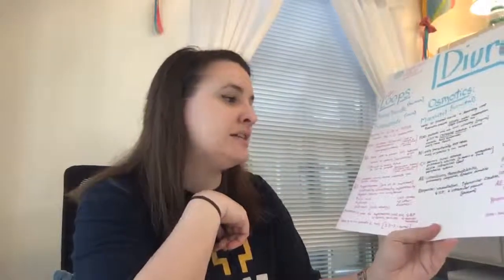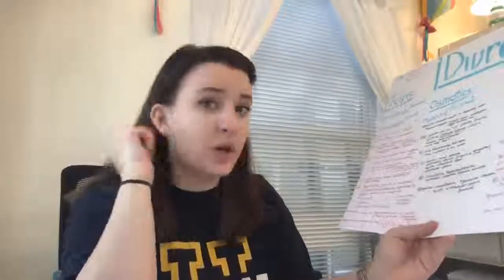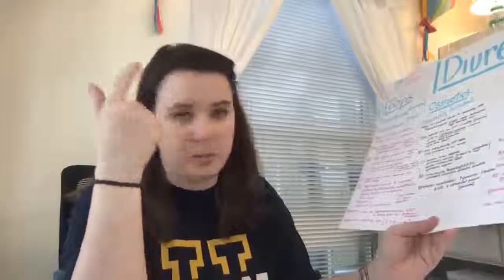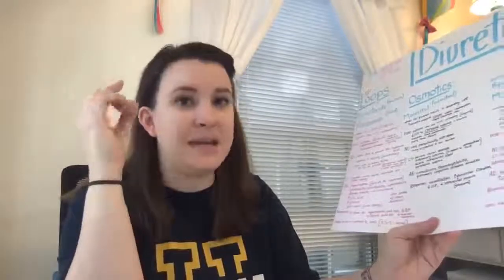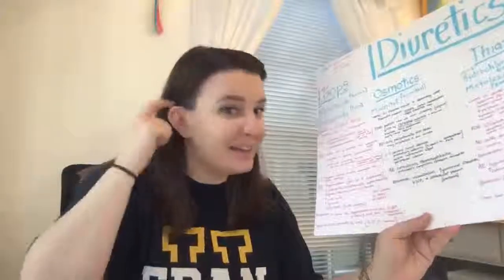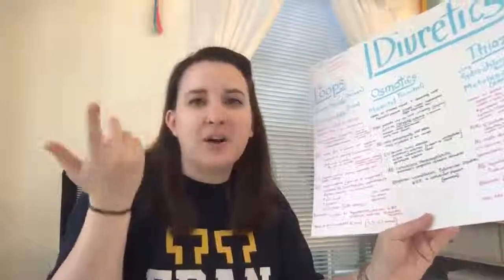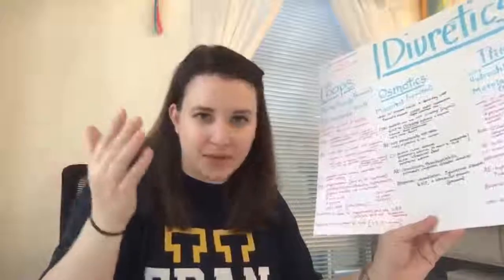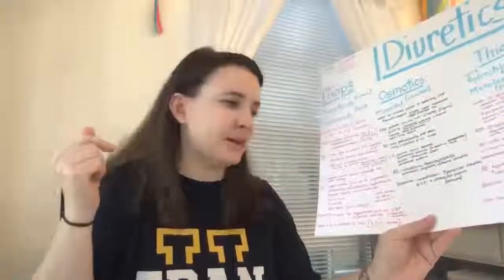Also ototoxicity, neurotoxicity, and nephrotoxicity. Oto being ear, neuro meaning brain, nephro meaning kidney. A kidney is kind of the same shape as an ear, so think: ear, kidney toxicity, as well as neurotoxicity.